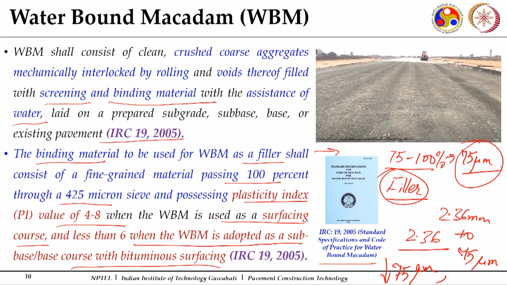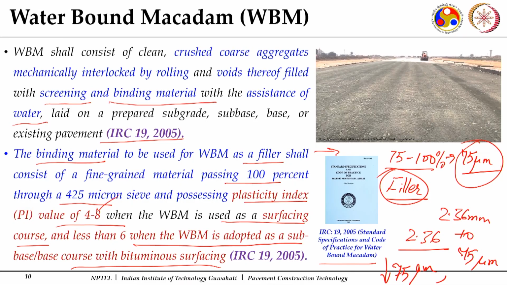Normally in flexible pavement construction, only in some earlier days with earthen surfaces or granular surfaces, when waterbound macadam used to form a surface course, we used to have the binding material with some amount of plasticity, so the plasticity index value was in the range of 4 to 8, whereas otherwise if it is used as a granular subbase course, the plasticity index should be restricted to less than 6.